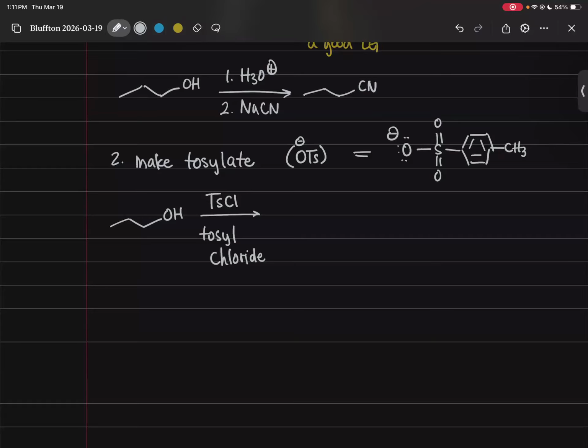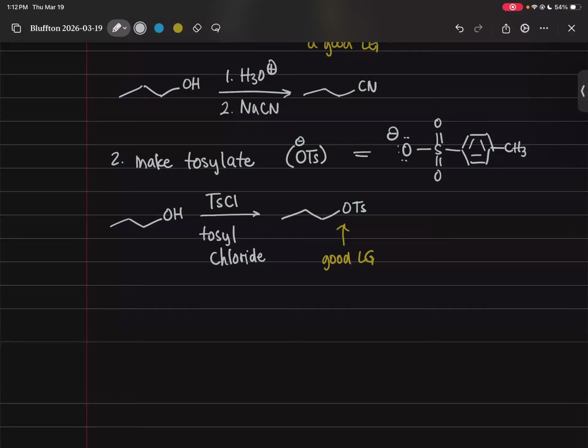which is just a convenient version of the tosyl group. That replaces the hydrogen on the alcohol with the tosyl group. That's a good leaving group.